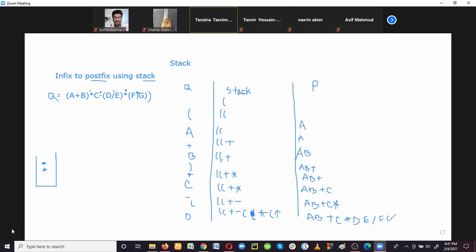Just put it here in this expression, and then right parenthesis. So right parenthesis means remove the element, and we can remove only one element because after that we will get a left parenthesis. So just add that operator into this postfix notation, and these left parentheses will be removed.